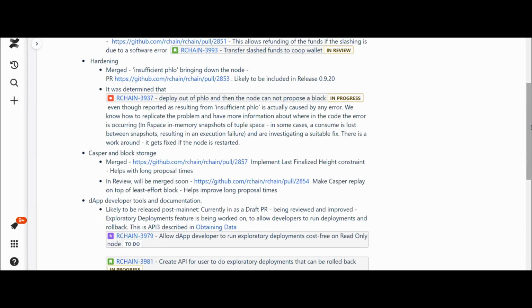Tomislav found that it really is related to an issue in our space, in memory snapshots of tuple space. So sometimes a consume is being lost between snapshots. That shows up as a gap between the user deploy and the system deploy, causing an execution failure. So at least we know the exact place where the error is, and we should be able to fix that. That's where we are.